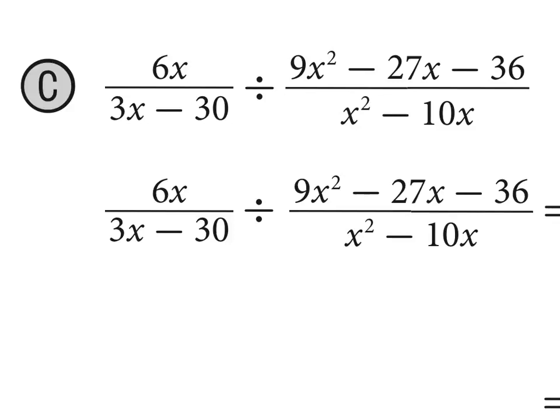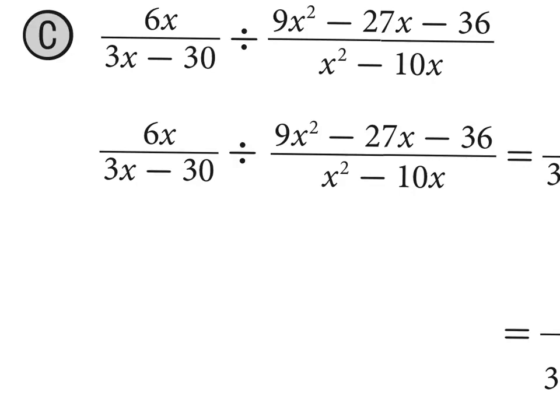All right, so we're starting on page 532 of 10.2. And we are going to be working with this division problem. So we have 6x divided by 3x minus 30 divided by the fraction 9x squared minus 27x minus 36 over x squared minus 10x.